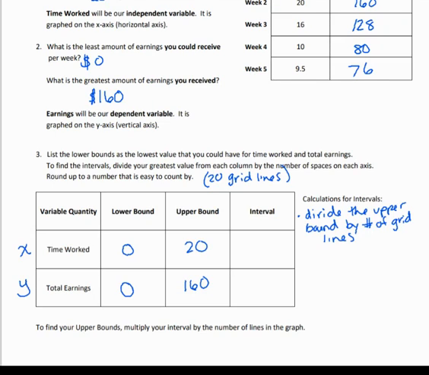Okay, so we're going to divide whatever that upper bound was by the number of grid lines. That's how we're going to do it for now. Once that lower bound starts to change to other things besides 0, then we have to figure out a new plan, but this is the way we're going to do it.